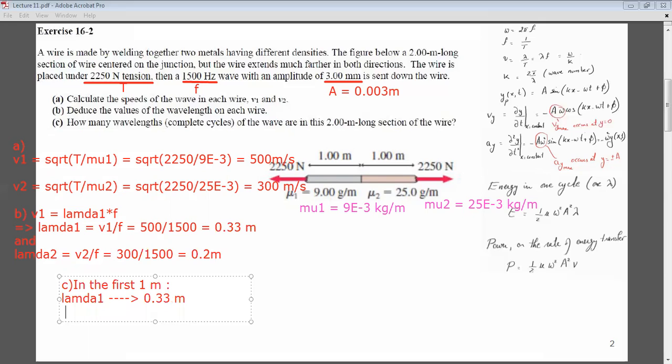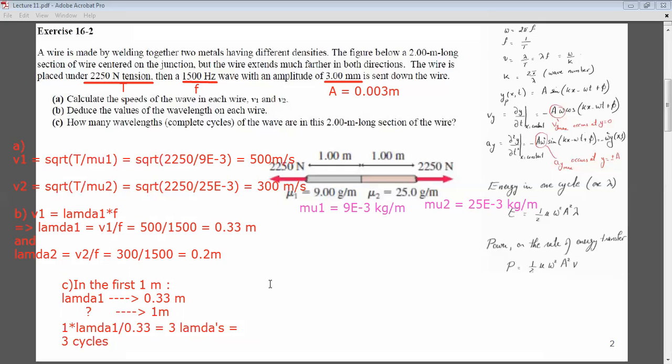So in 1 meter, how many lambdas do I have? I get 1 divided by 0.33, and this is 3 lambdas, that is 3 cycles.